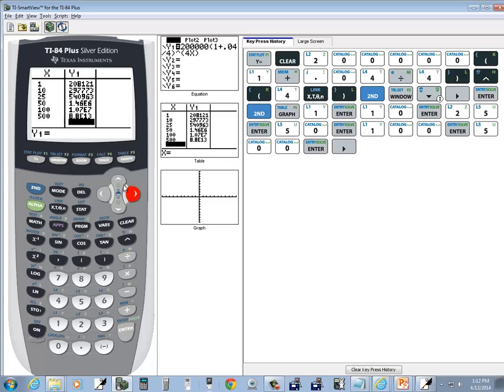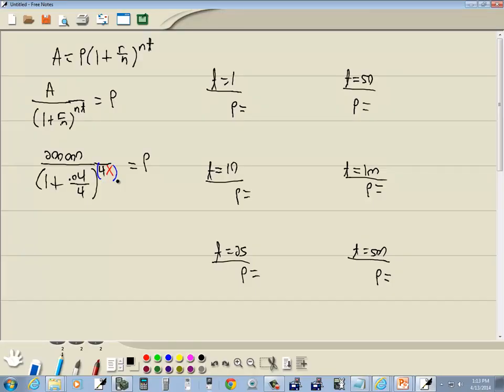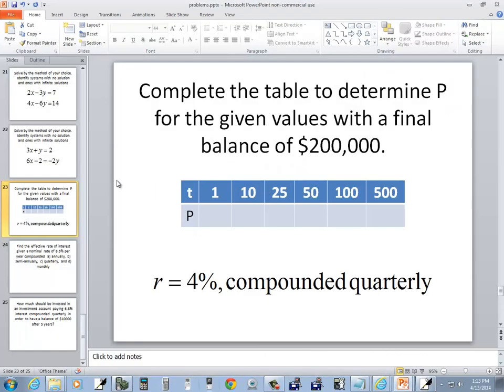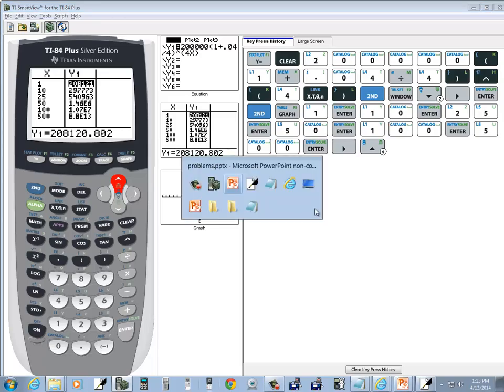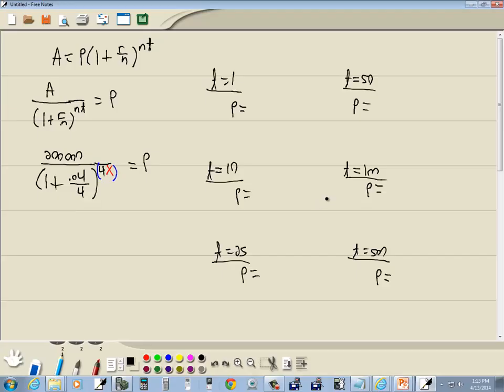Now I'm going to right arrow over and up arrow. Okay, go up here. So on this one, we got 208,120.80. So you end up with 200,000 at the end of 1 year.